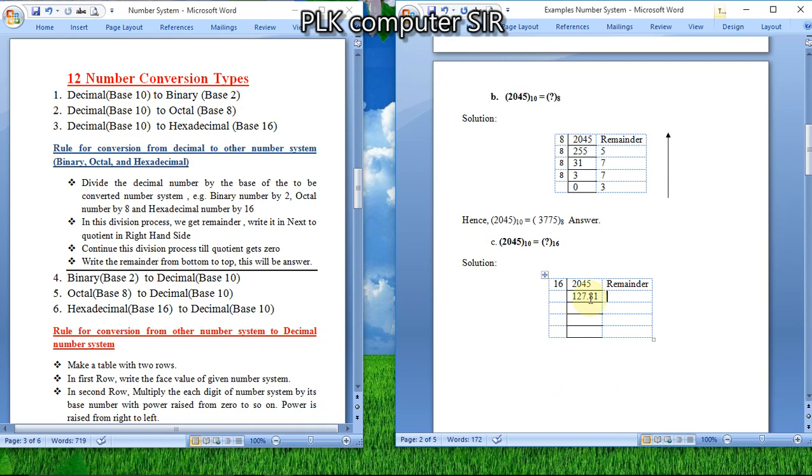For the remainder, we don't need this decimal place, my dear students. So 2045 minus 16 into 127, it is coming 13.